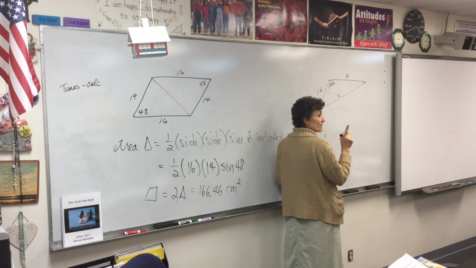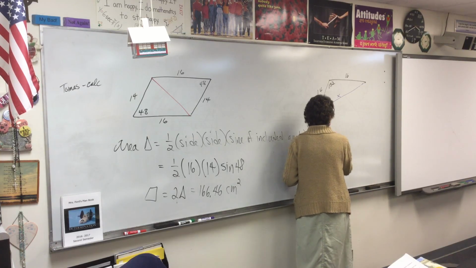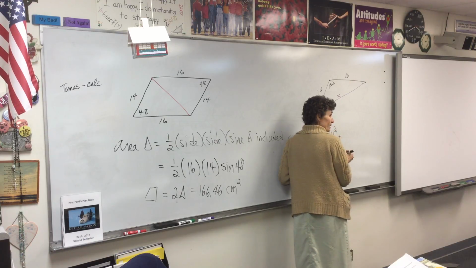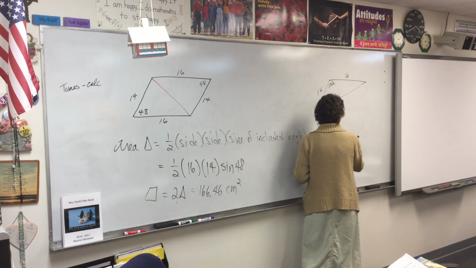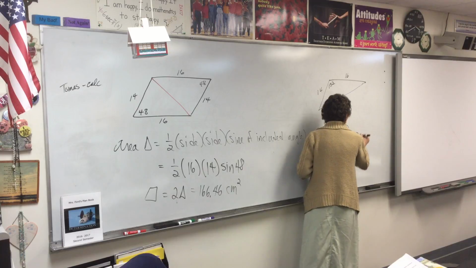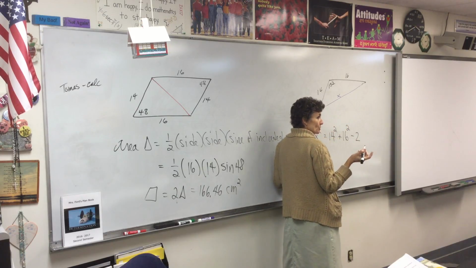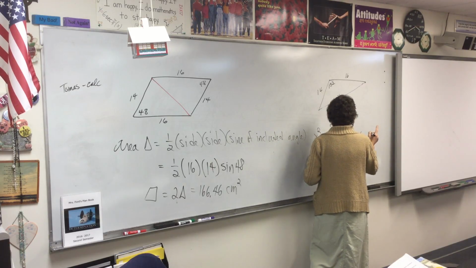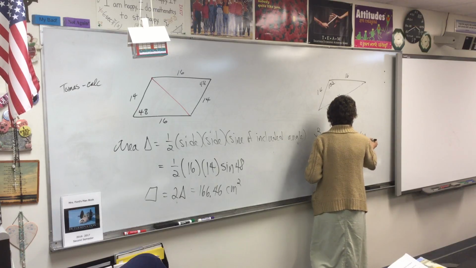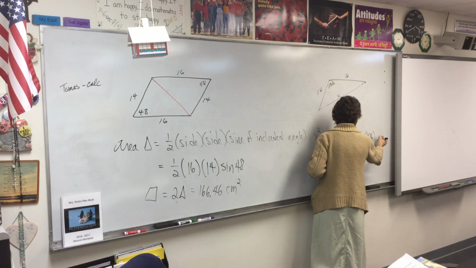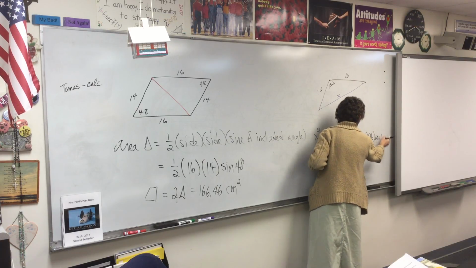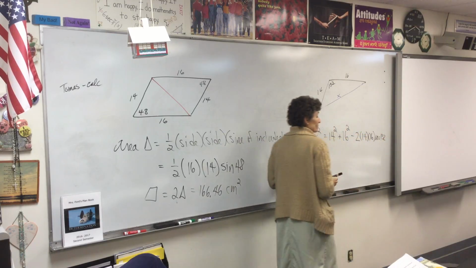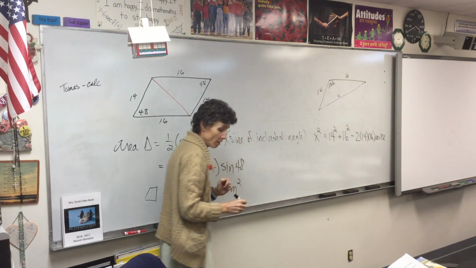X squared equals what? Side squared plus, so it'd be 14 squared plus 16 squared minus 2, always minus 2, 14, 16, cosine 132. That is your law of cosines.